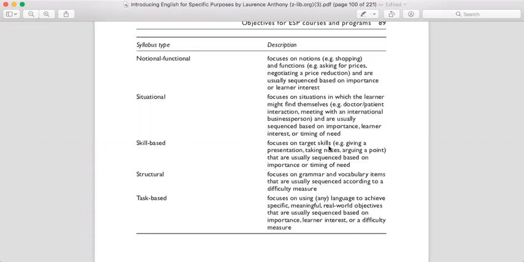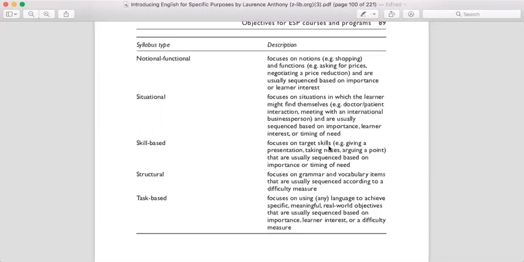As I've already told you that different fields are in need of different kind of skills. All skills might not be needed in a single profession. Okay, so you design a syllabus focusing on the kind of skill that is required by the people who would be learning through your ESP designed syllabus.